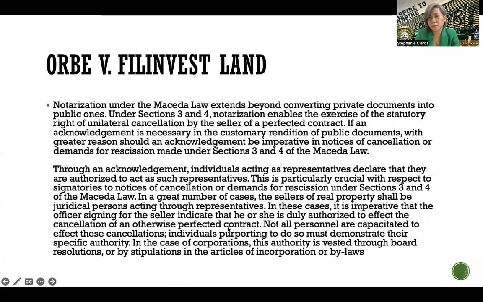So in case the seller is a juridical person, and juridical persons only act through their representatives, in these cases though, guys, it is imperative that the officer signing for the seller indicate that he or she is duly authorized to effect the cancellation of an otherwise perfected contract, and not simply just any personnel.